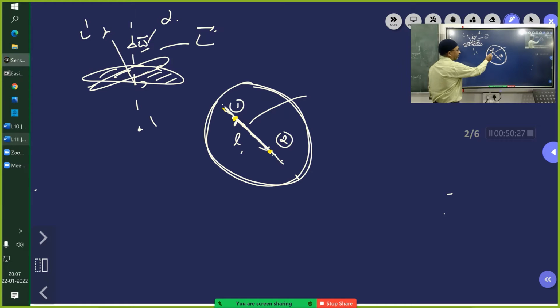The distance between them will be fixed; it will not change. And the relative velocity of 1 with respect to 2 along the line joining them will also be 0. And therefore the relative acceleration of point 1 with respect to point 2, should that also be 0? Yes or no?